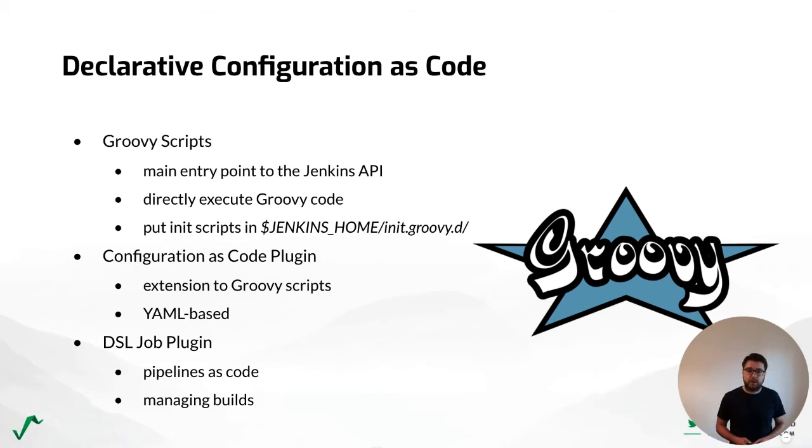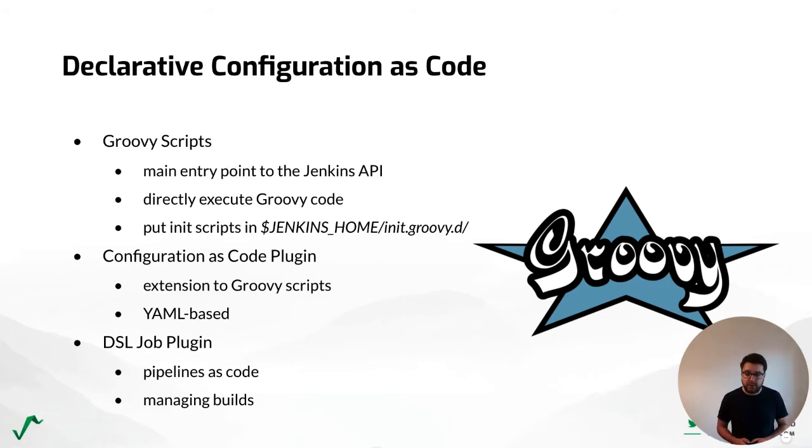So Groovy scripts are basically the main entry point to the Jenkins API. With an actual programming language, we can configure low-level properties of Jenkins and directly execute Groovy code. Or we can also invoke some methods remotely if we really need to, but this is not recommended.